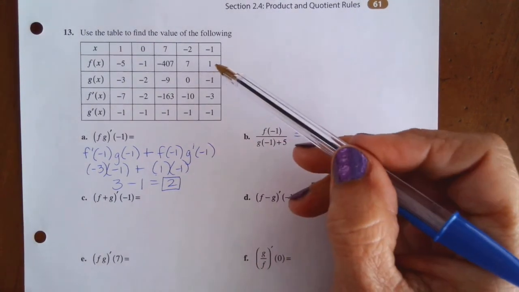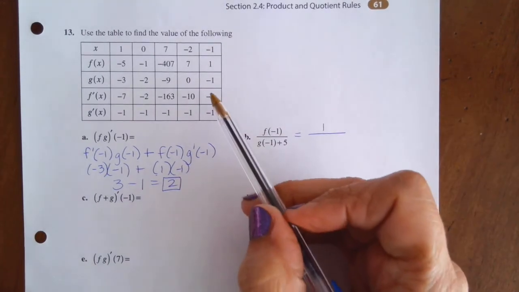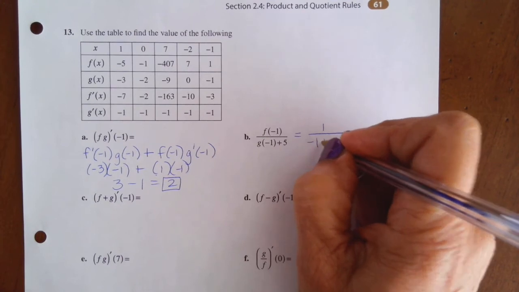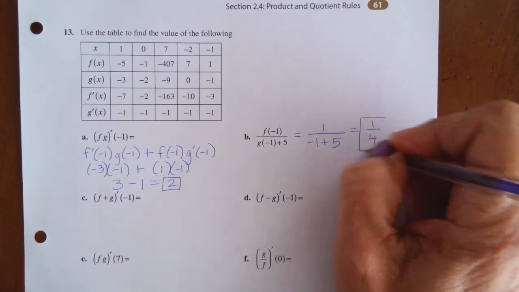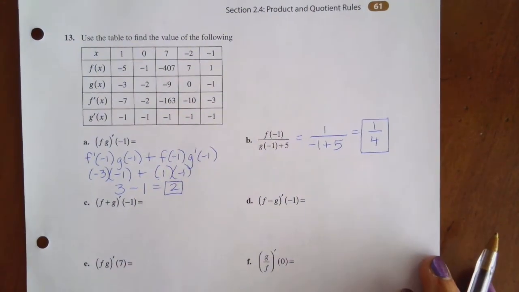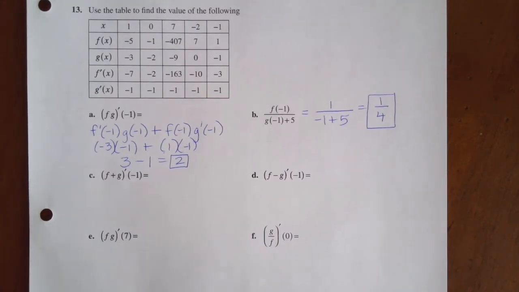So f of -1 is just the number 1, and g of -1 is -1 plus 5, so we end up with 1/4. That is not a derivative problem, okay? They like to throw those in to see if you're paying attention to the notation. Now, C, D, E, and F all have derivatives. They all have the little hash mark up there, so those are all derivatives. But that one you've got to be careful of.